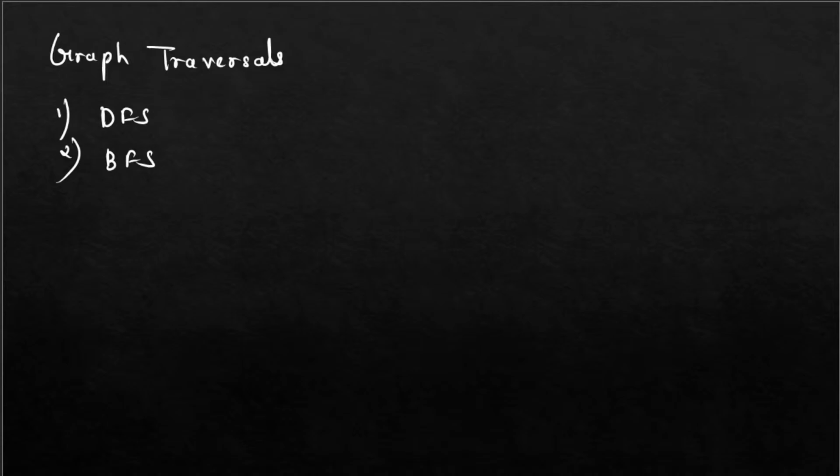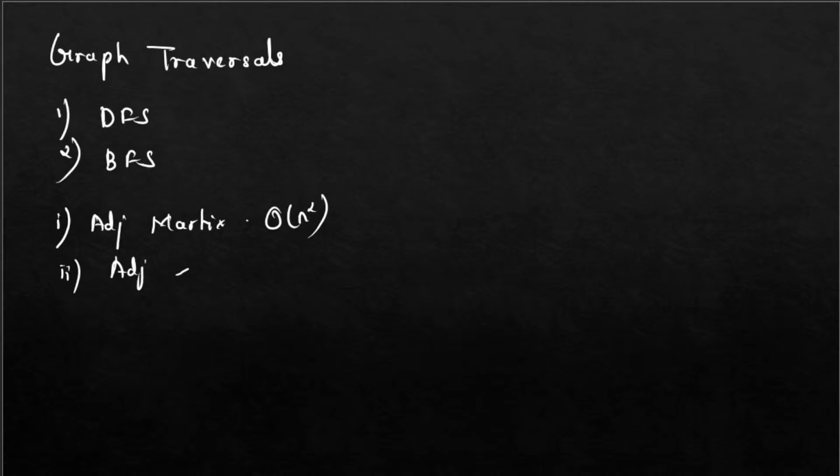And the time complexity of both depth first search and breadth first search depends upon whether it is an adjacency matrix, so it will be big O of n square, and if it is an adjacency list, then it is big O of n plus e. Okay, like this it depends.